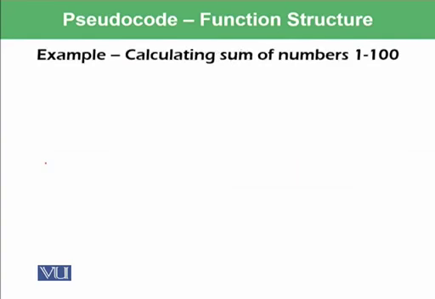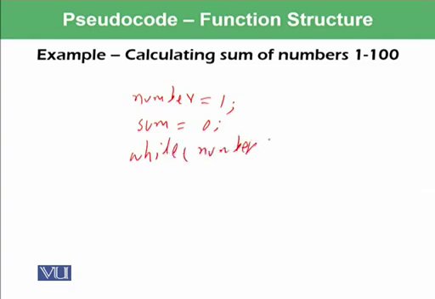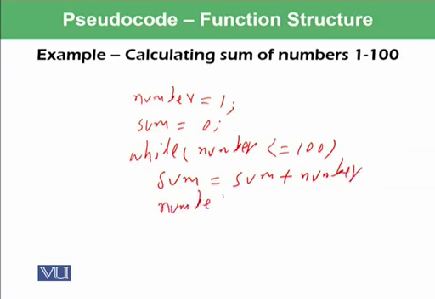Let's have another example: we want to calculate the sum of numbers from 1 to 100. As we did last time, number is assigned 1, sum is assigned 0, while number is less than or equal to 100, sum is assigned sum plus number, and number is assigned number plus 1.